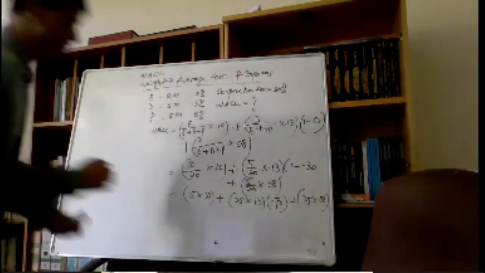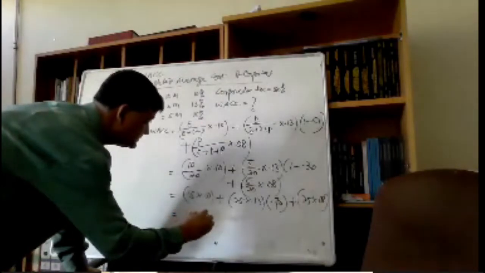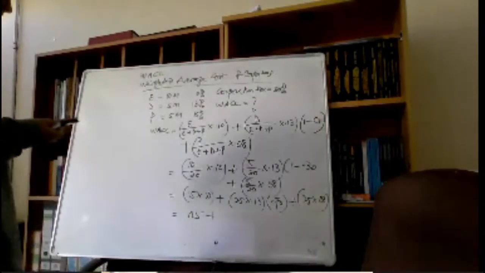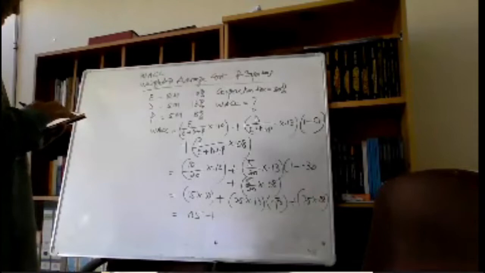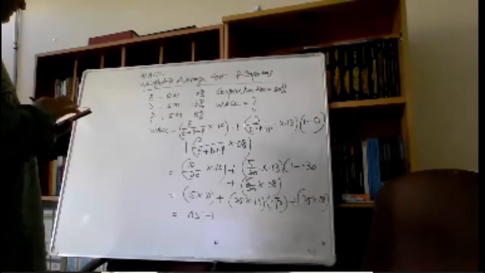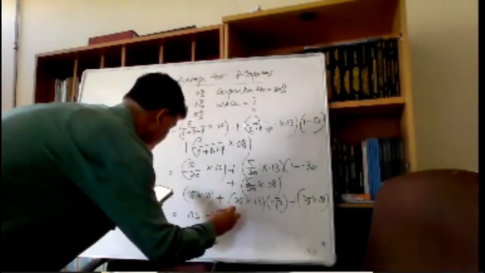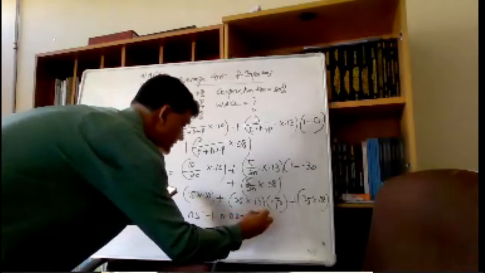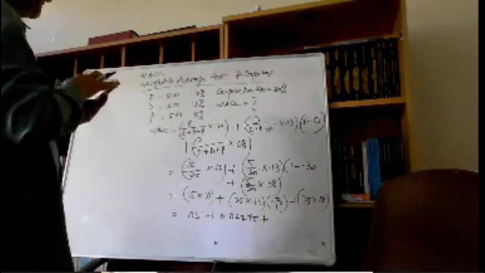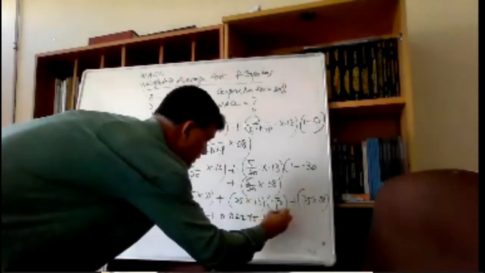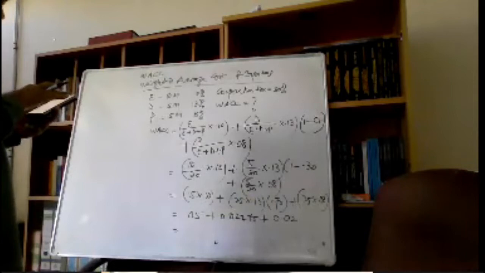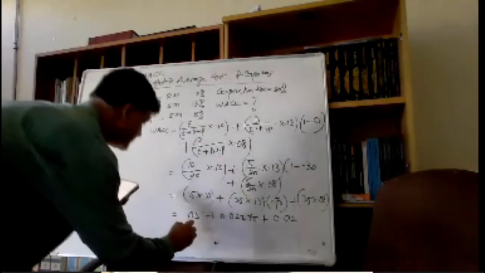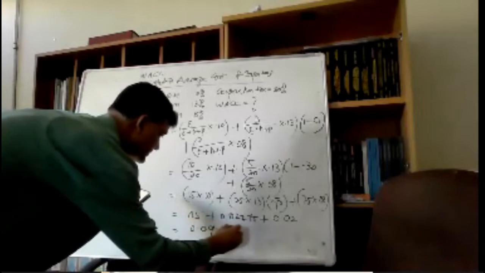So in this case, 0.05, plus let me do the calculation, 0.02275, and here you get 0.25 multiply 0.08, so you get 0.02. So plus 0.02275 plus 0.05, so 0.09275.